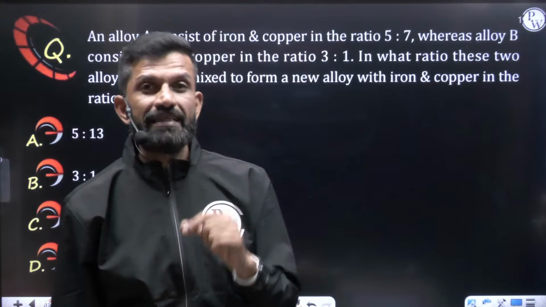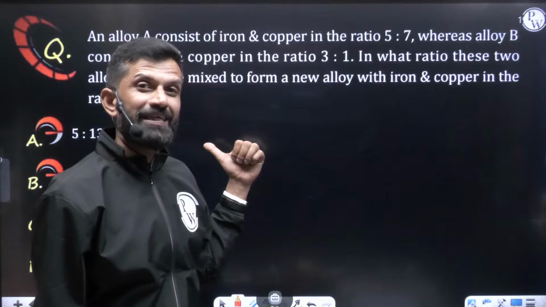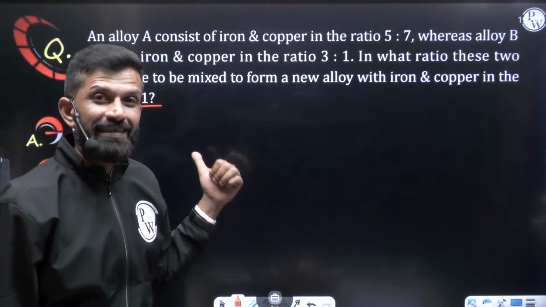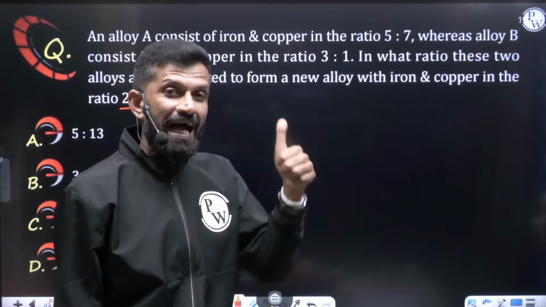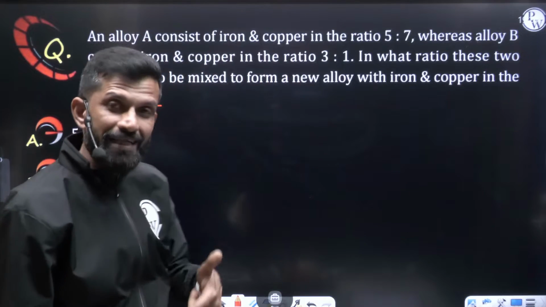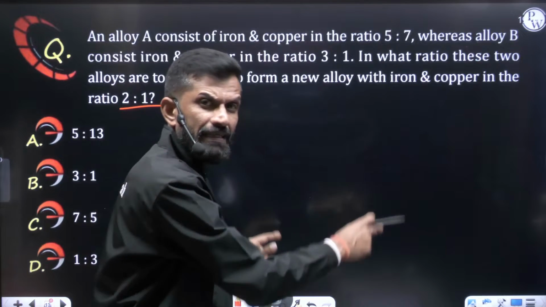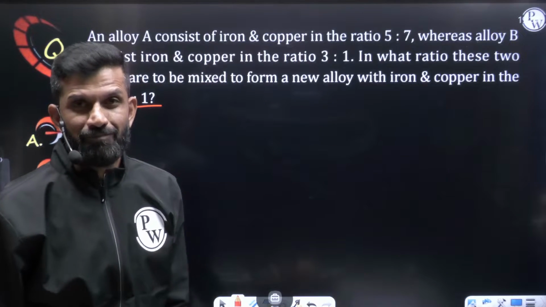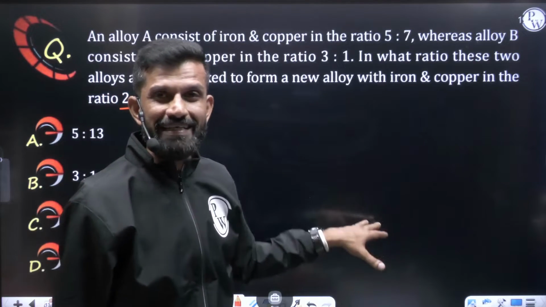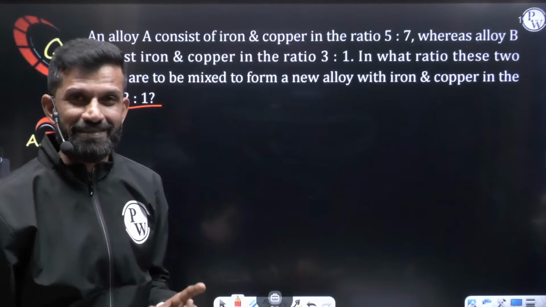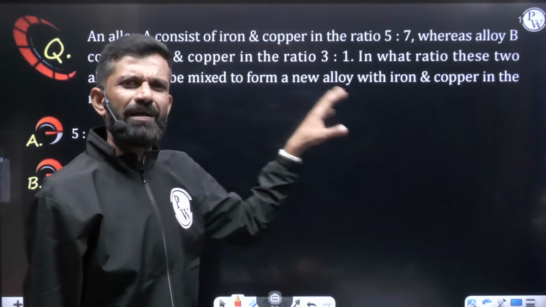Take any one entity and proceed. In the previous question we were taking water and proceeding. Here take either copper or iron and proceed. Whatever you take, it should be the same in all three places. Don't take iron on top and copper in the mean. Don't make that mistake. Everywhere iron or everywhere copper.